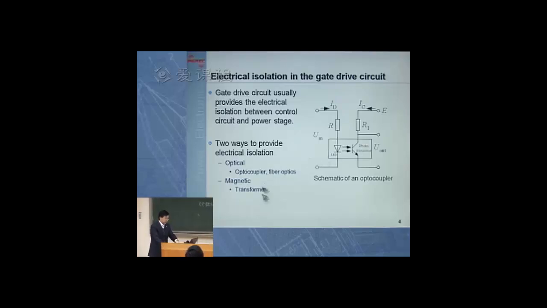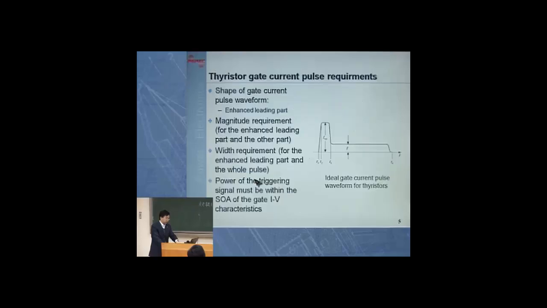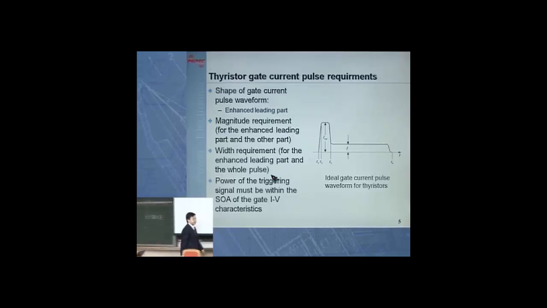Okay, so basically there are two ways, magnetic and optical. Magnetic is a very usual way. In the following parts, there is a discussion about the different drive circuits for thyristors, for GTOs, for MOSFETs, and for IGBTs. I will not get into details.